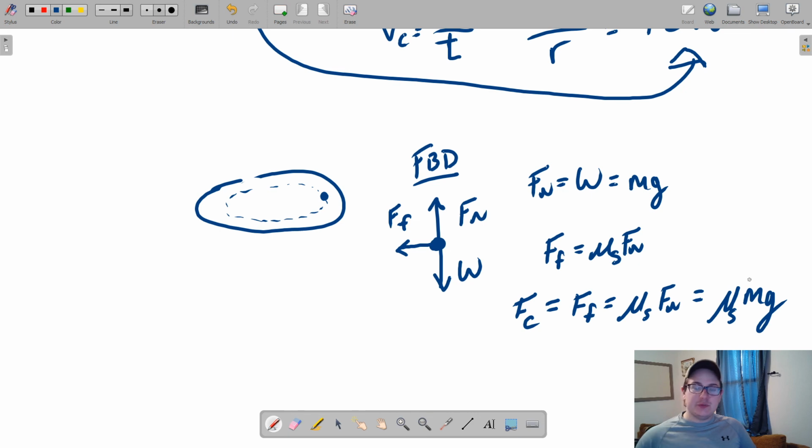So you can say centripetal force equals all this stuff. Now we can unpack centripetal force more and say mv squared over r equals mu sub s mg, and mass will then cancel, and then you can solve for whatever you need to solve.